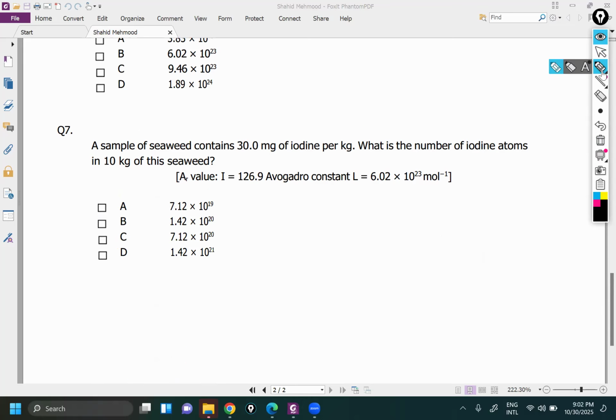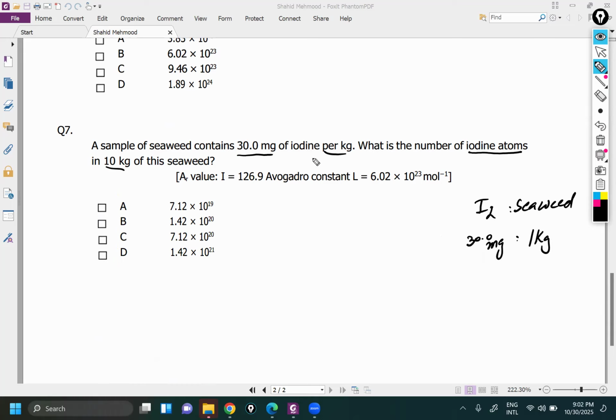Now, question number 7. A sample of seaweed contains 30 milligram of iodine per kg. What is the number of iodine atoms in 10 kg of this seaweed? Now, if you look here, first we take seaweed and then how much iodine is there. So seaweed is 1 kilogram and iodine present is 30.0 milligram.